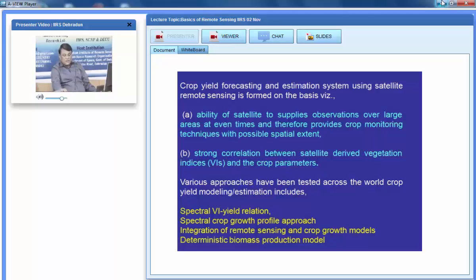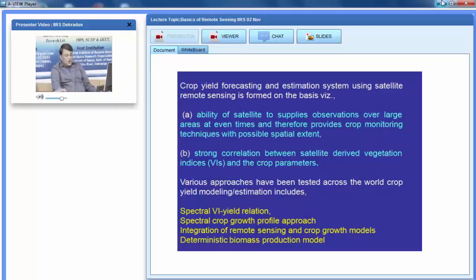Over the years in India, the scientific community has come out with different kinds of yield modeling approaches, from statistical to process-based modeling.